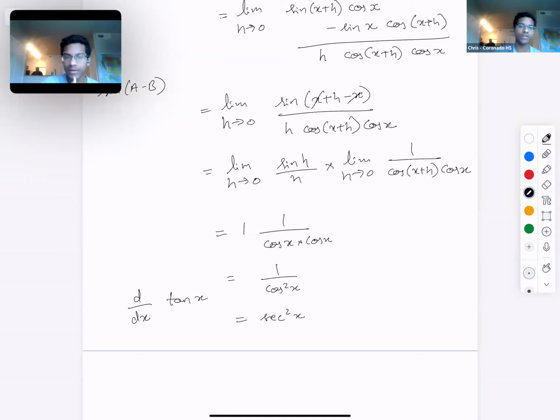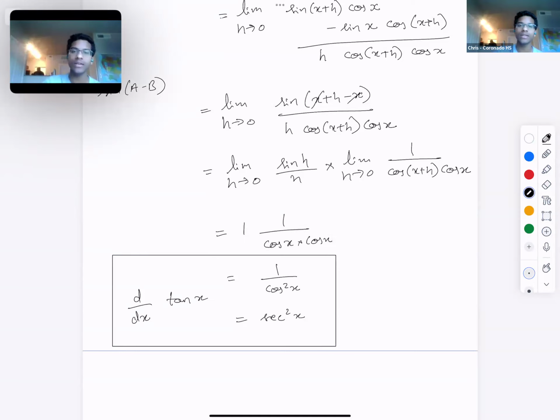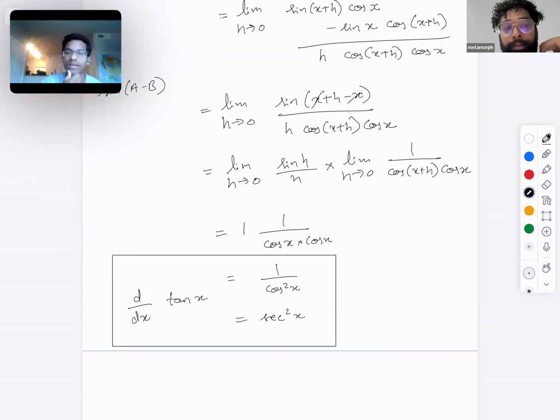But there's also a quick question here. So it said limit h extends to 0, 1 divided by cos x plus h times cos x. So wouldn't it be 1 divided by cos squared x? And if h extends to 0, it will be 1 ultimately, right?